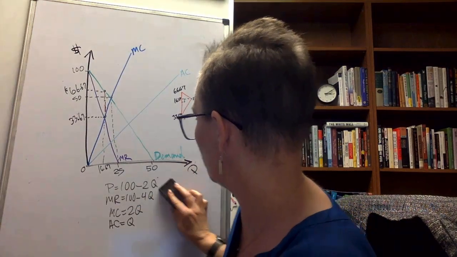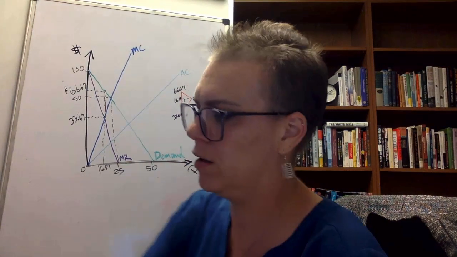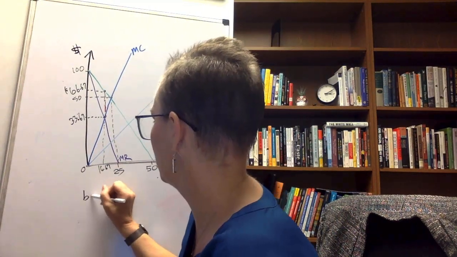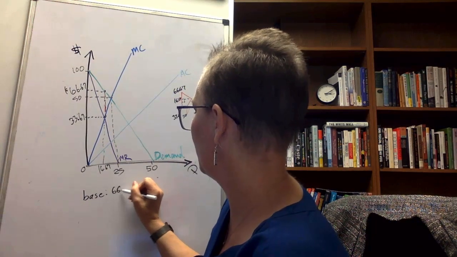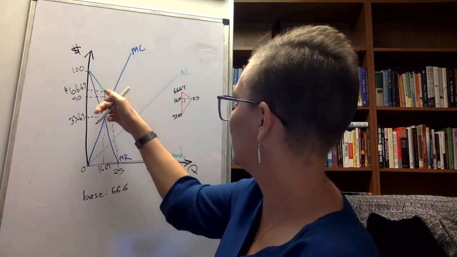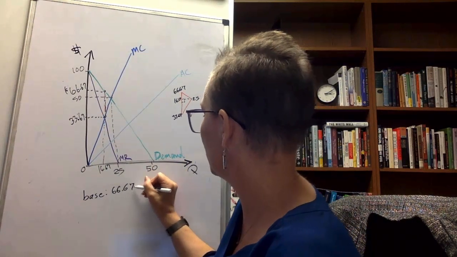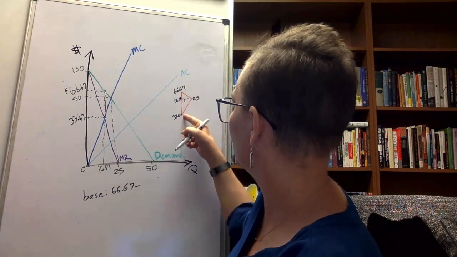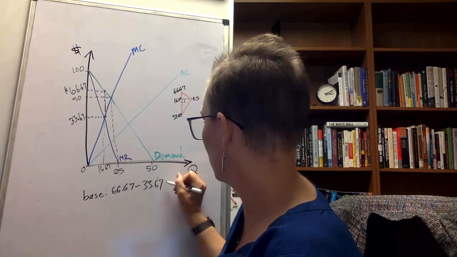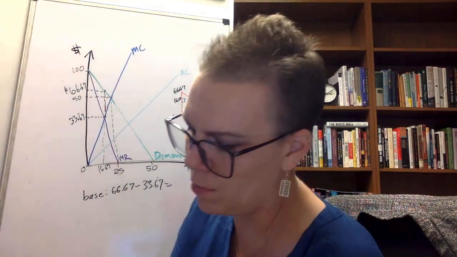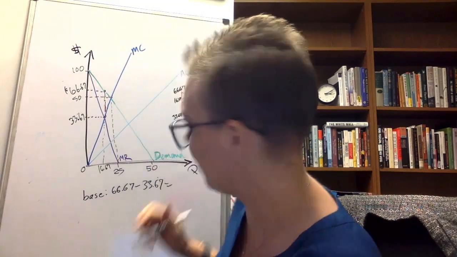Now we've got new stuff to calculate. The base of the triangle is, and it really doesn't matter the order you do this in, but I like to make my triangles have a long base because that's just the person I am. It's going to be 66 minus 33, which is going to give us a base of 33.